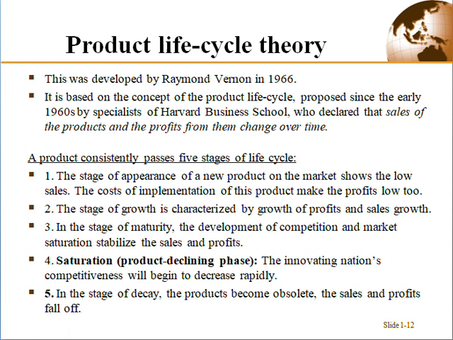There is a time of appearing, that's introduction, and then there is a time of these products growing in the market. There is a time of maturity when there is perfection in the model, in the strategies used in production. There is a time of saturation when the innovative nation's competition begins to decline, and other countries that were not the original inventors have started inventing and producing such products and bringing them to the market.